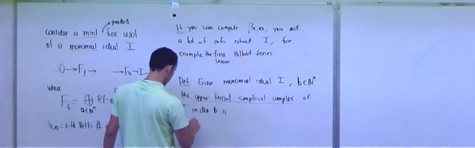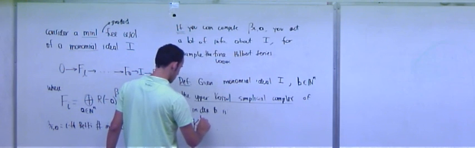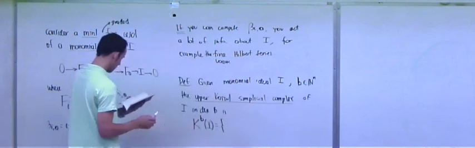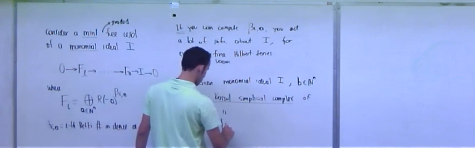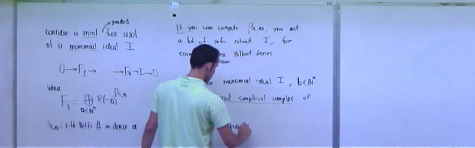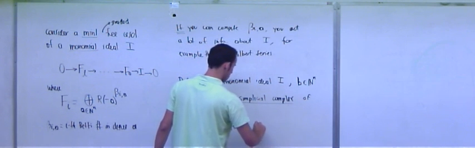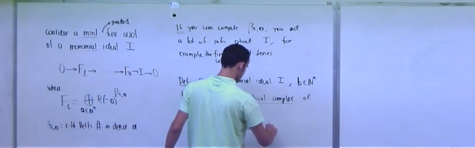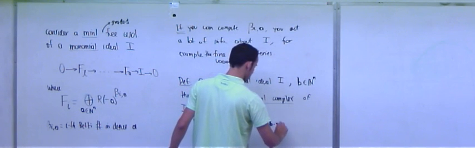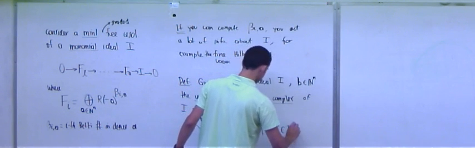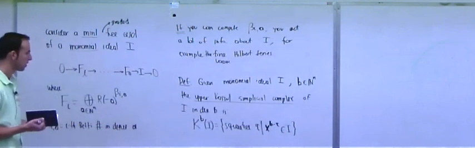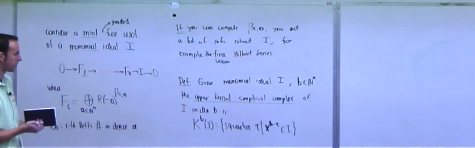I denote it Koszul in degree b of I, and this consists of the squarefree tau such that x^(b minus tau) is in the ideal. Okay?